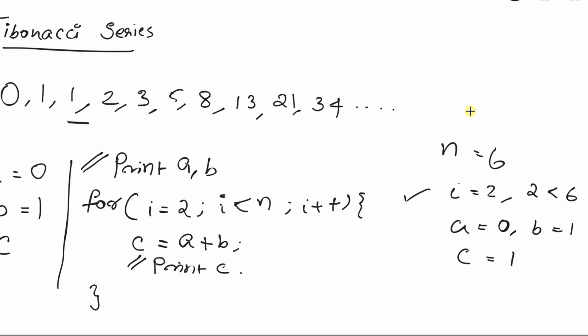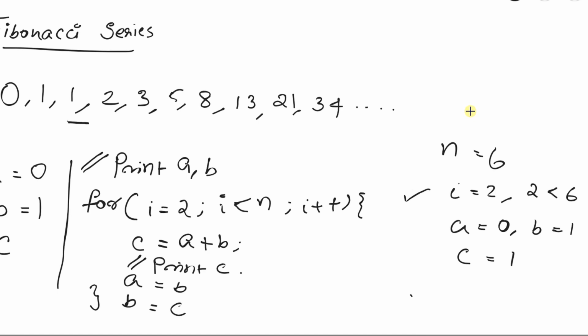This is for the I is equal to 2 iteration. Now we will be printing the C value. Now for the next iteration, we need to exchange A and B values. So A will be equal to the B value, A is equal to B and B is equal to C.